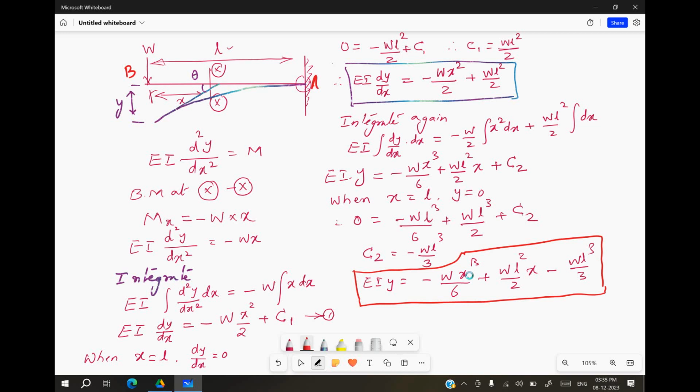So at B, if you put x equal to 0, then what will happen? WL² by... where is the formula? The formula is here.